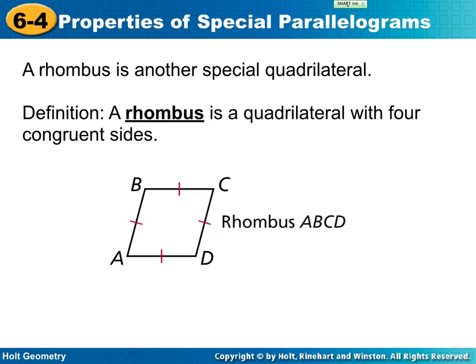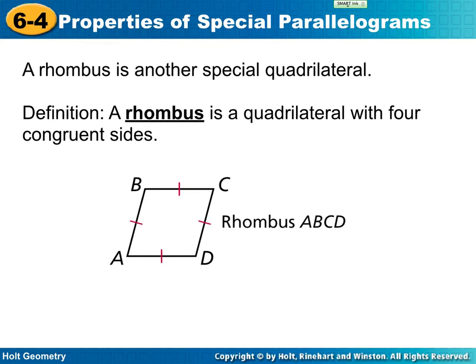Therefore, a square is also a rhombus. Does a square have 4 congruent sides? Yes. So a square is a special rhombus also. A square is a rhombus and a rectangle combined. It's a very special shape.